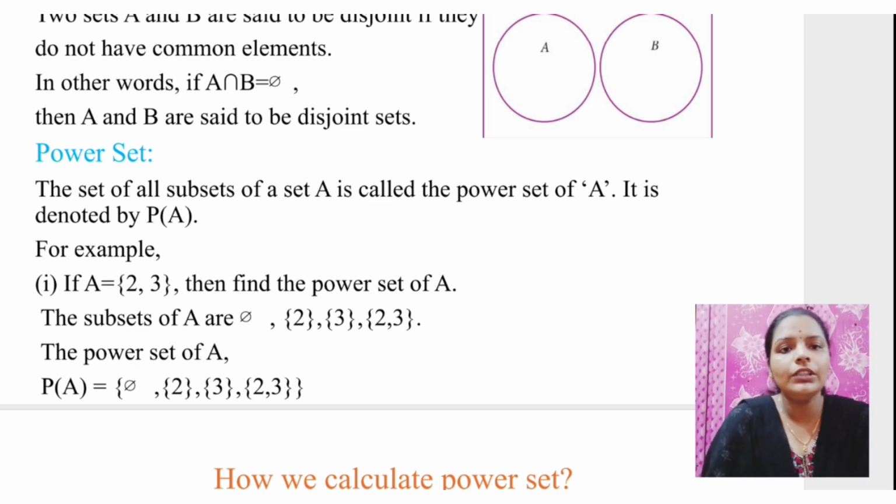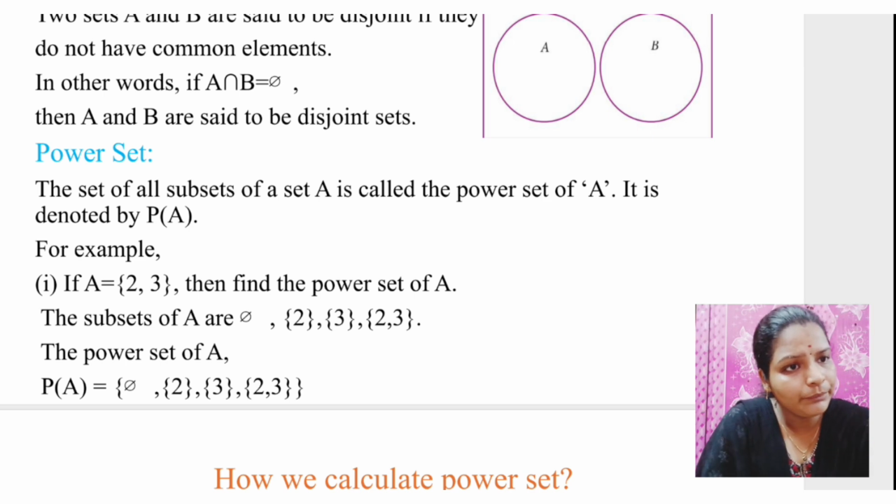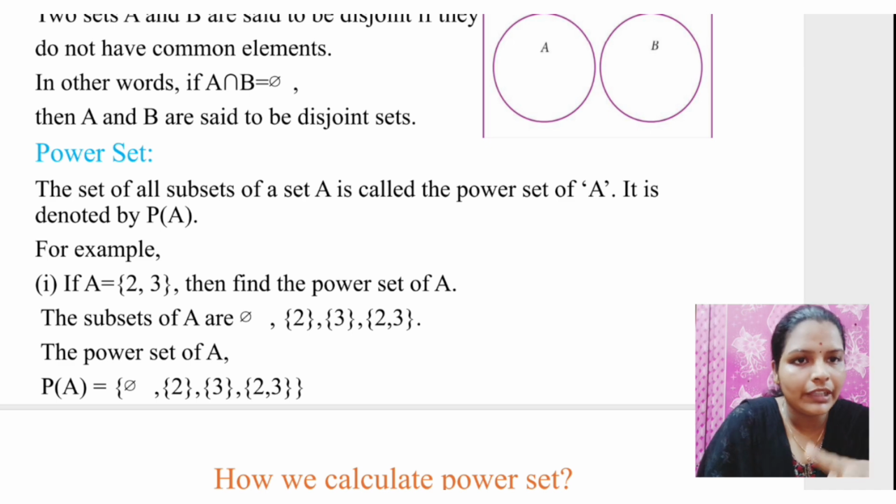For example, A equals 2, 3. Then to find the power set of A, we have to find the subsets of A. What are all the elements inside the set A? We have the element 2 and the element 3, and we write the combination of 2 and 3.